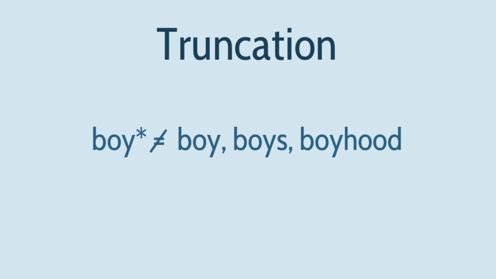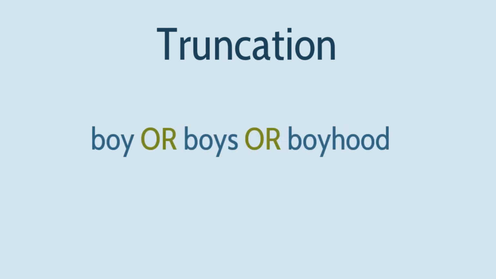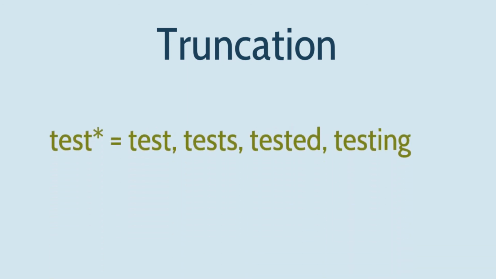You'll need to include each term as a separate keyword joined by the Boolean OR. Also, be aware that truncation may retrieve irrelevant results if the stem is common to several words. For example, test asterisk will retrieve test, tests, tested, and testing, but it will also retrieve testosterone.